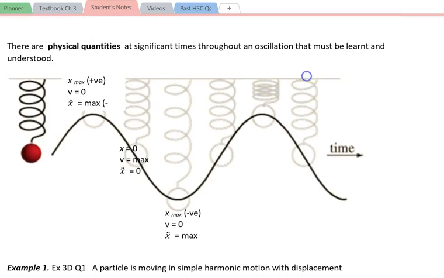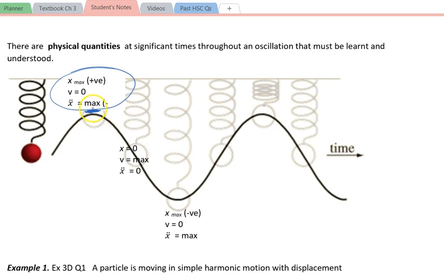I think this is one of the most important little revision or summary situations, and it's really worth learning. I think you saw these in Mr. Ma's video as well. At this point here, what sorts of things do we have happening?